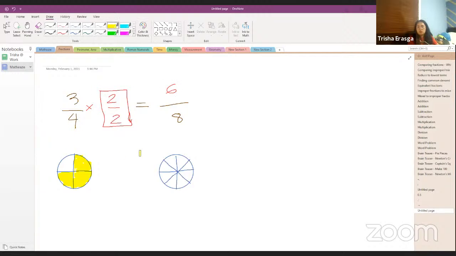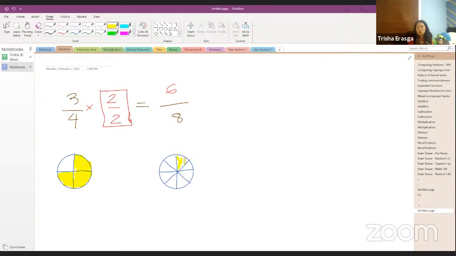So these are the same circles. I just divided them into different slices. This one's divided into 4, this one's divided into 8. And by doing this, we're saying that 3/4 is the same as 6/8. So now I'm shading 6 slices.